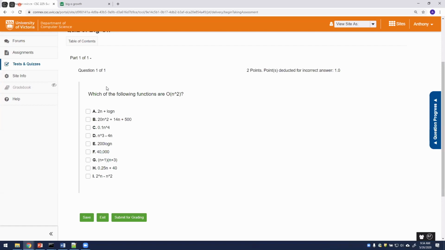The next one gets us to test some of our log rules. Does anyone know how we can rewrite 2 to the power of log 2 to the n? And again, we're assuming base 2 in this course. Yeah, so if we've got x to the log base x of y, we can rewrite this as y.